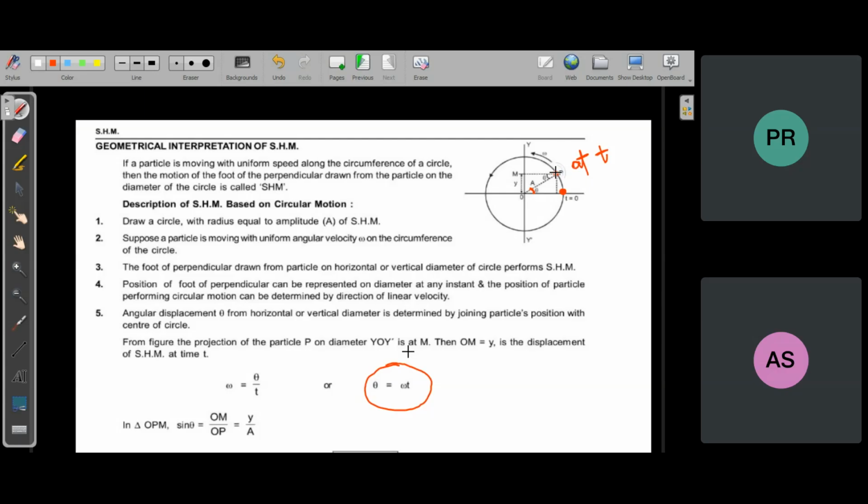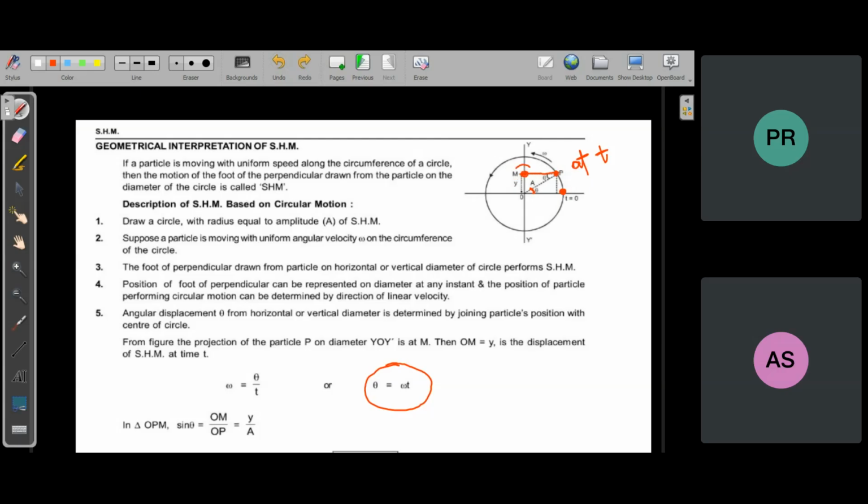Now from here you drop a perpendicular on the y-axis, and this length, call it the projection of the particle on the diameter along the y-axis. P is the particle, O is the center of the circle, and PM is perpendicular.